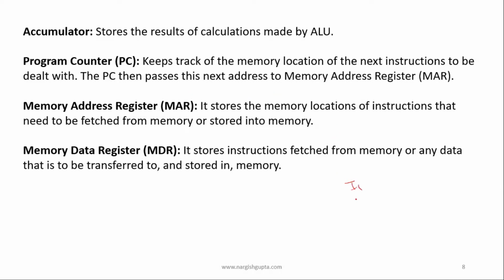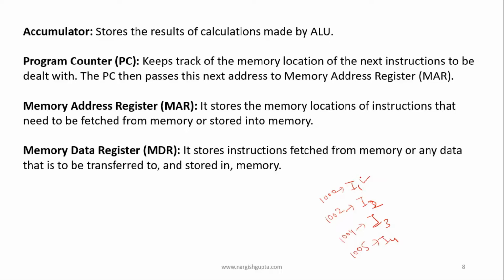So let's suppose I have four instructions here: I1, I2, I3, I4. Right now I1 is getting executed and its address is 1000. The address of I2 instruction is 1002. It is 1004, and the address of this instruction is 1005 in the memory.